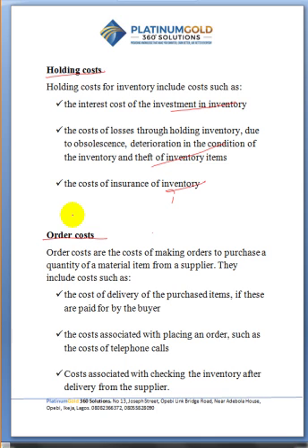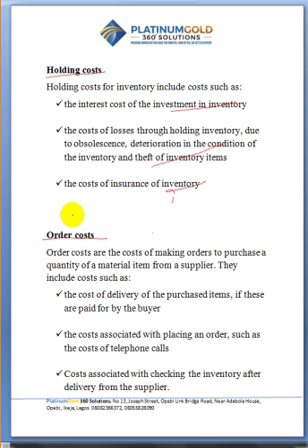Changing inventory levels will affect the variable inventory holding cost, but not the fixed cost of inventory. Now let's really look at the ordering cost, or what we call the order cost.